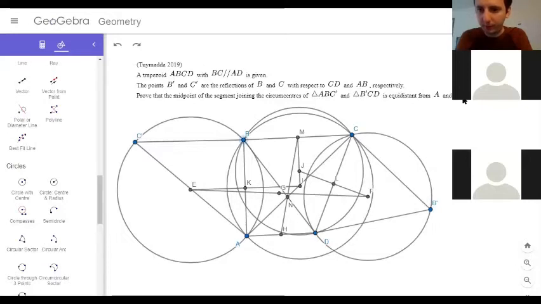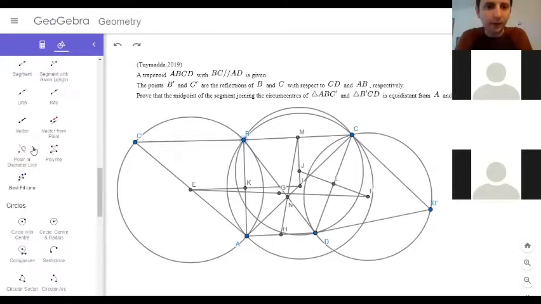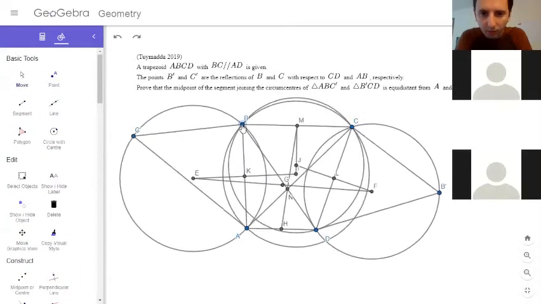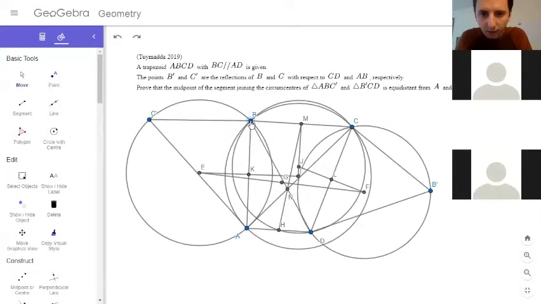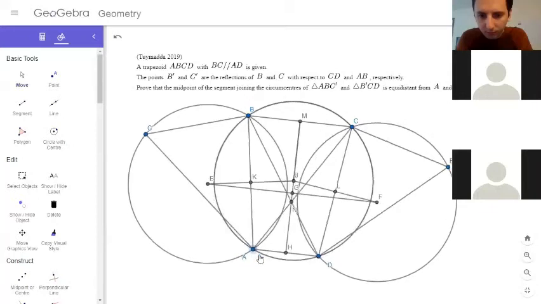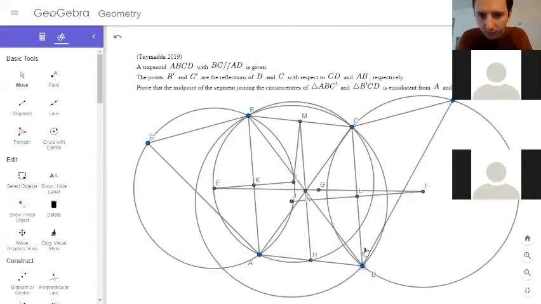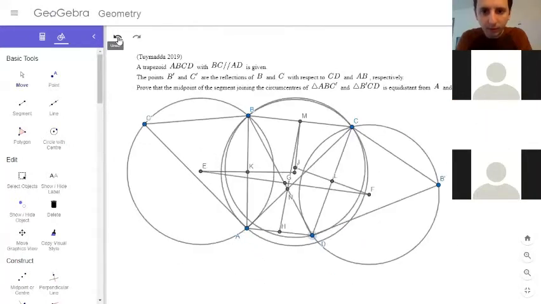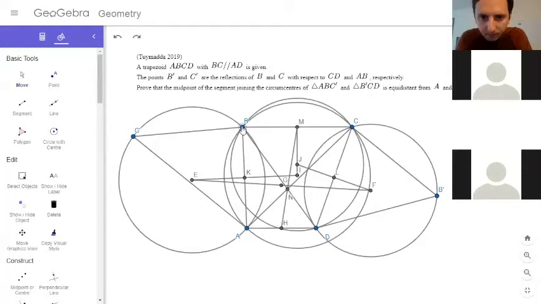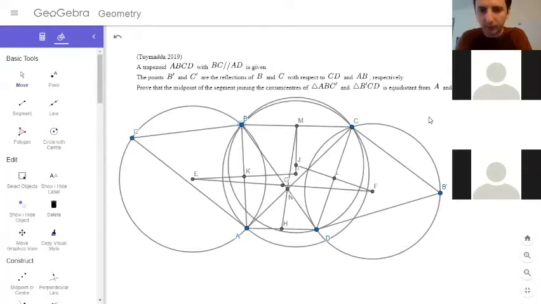Could you please move B? Oh yeah, it looks a little collinear with CC prime. So let's see. Whoops. I don't like that. Yeah, that's a little better.